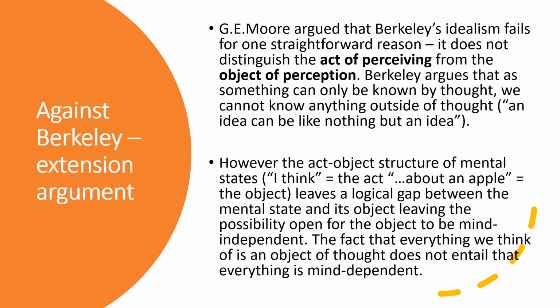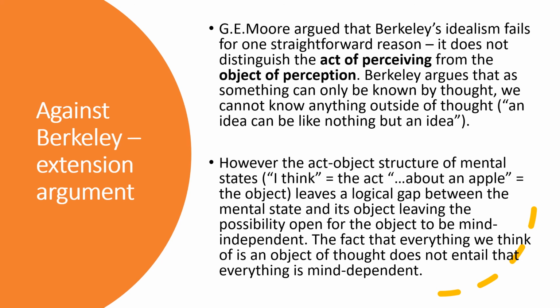So you might think about a tree, but that doesn't mean that the tree is confined to your thoughts. The tree is something which exists independently of your thoughts. And what Berkeley is doing here is collapsing together these two things in a way which is just not logically sound.